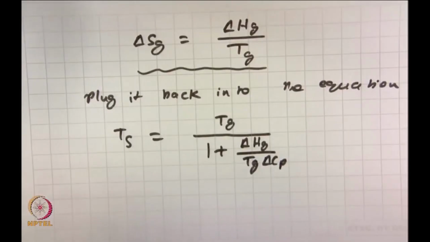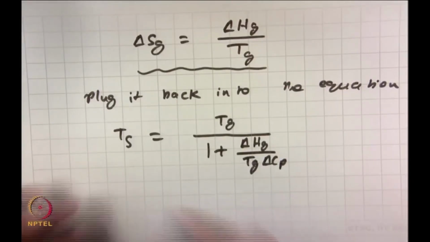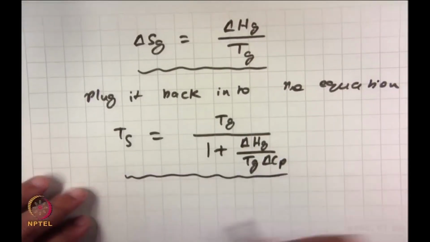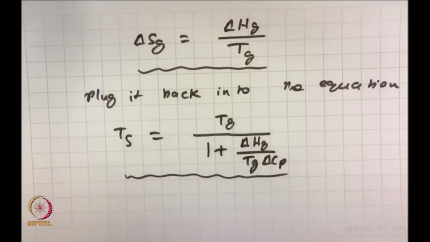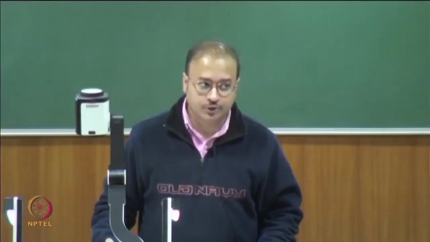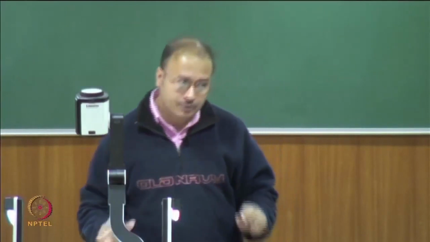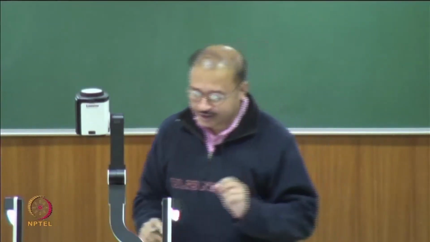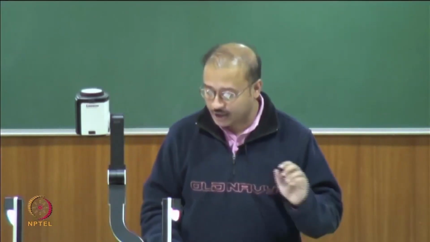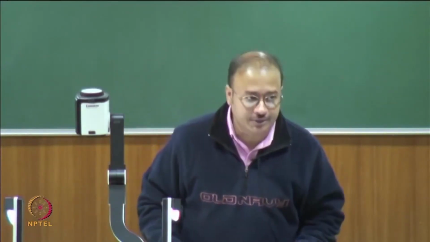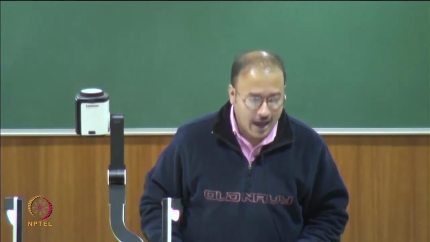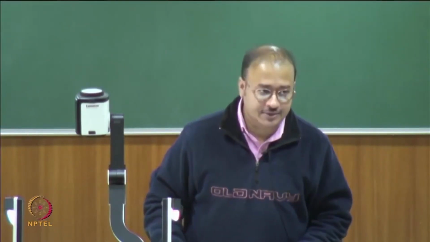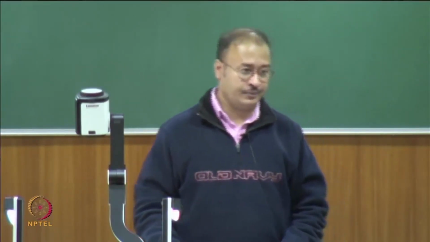Okay. So, this is another relation we can have. Now, once we have this, what is the further simplification we can do? Remember, what I am trying to do is, here I am trying to express T s essentially in form of T g, okay, and another temperature which is T h. How can I bring that in? What do you think?